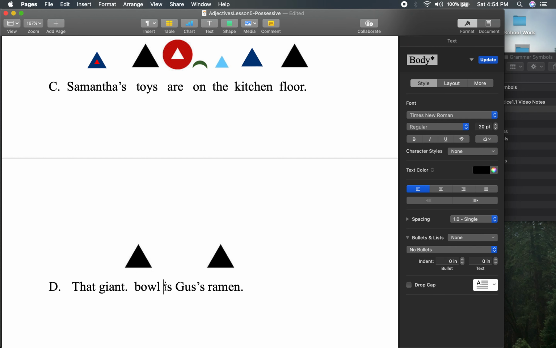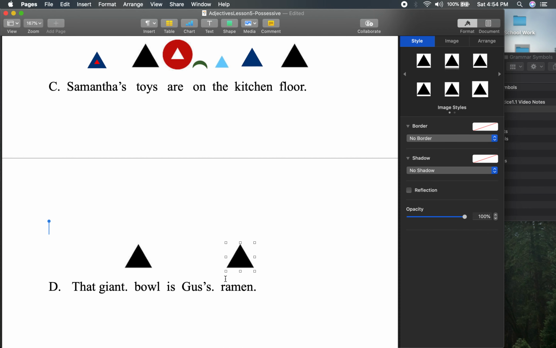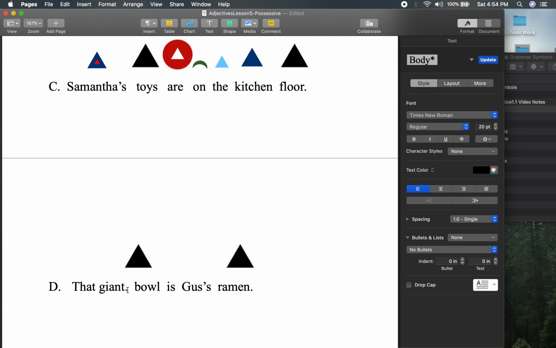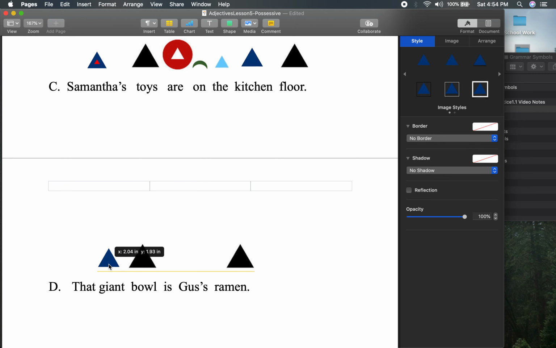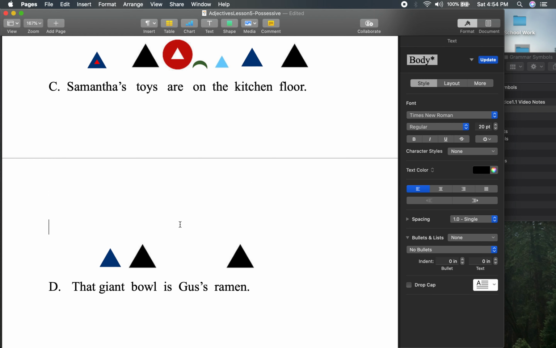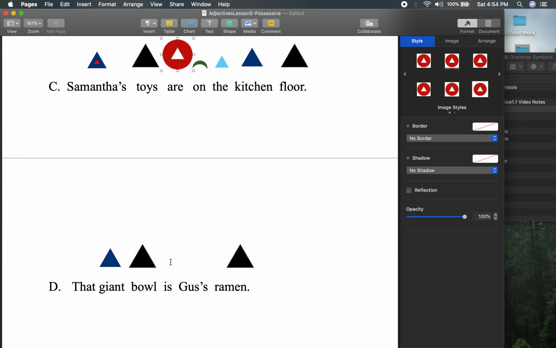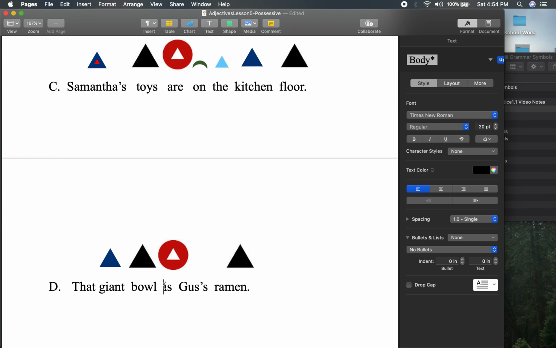Looks like we're going to need a little space here again. That's okay. I just don't like it when they have periods there. Giant. Big bowl of ramen there. Is, again, I am way overusing the linking verbs here. I gotta stop that. I really do.